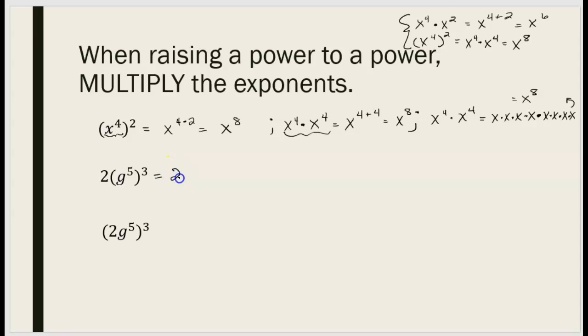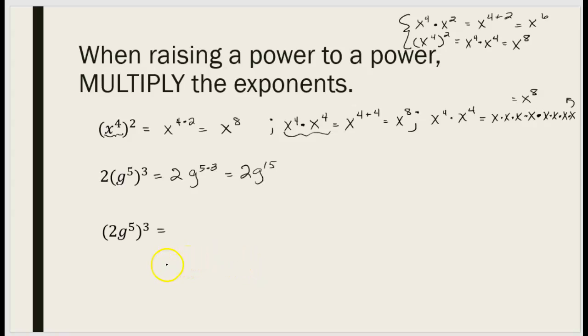So we're just going to keep track of that 2, but we don't really have anything mathematical to do with it at this point, okay? But now we do have to simplify my power to a power, and based on the rule up above, that's just going to be g to the 5 times 3 power. And now you can see the 2 is just being multiplied by that, so this becomes 2g to the 15th power. And we're finished. That one is simplified.